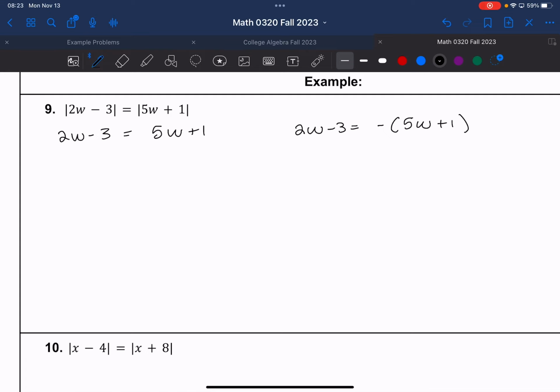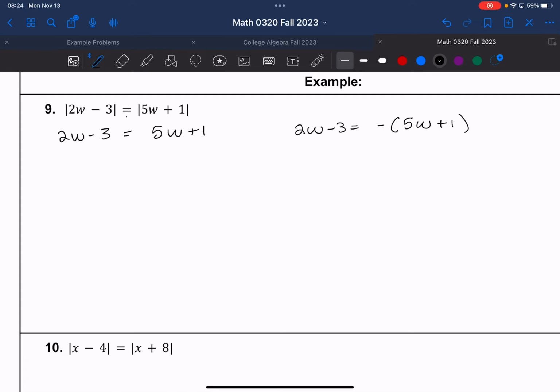Notice how I put that 5w plus 1 in parentheses because that negative is going to go to every term, not just that first term. So once we have one equal to a positive and then one equal to a negative, then we're going to go ahead and solve for each.